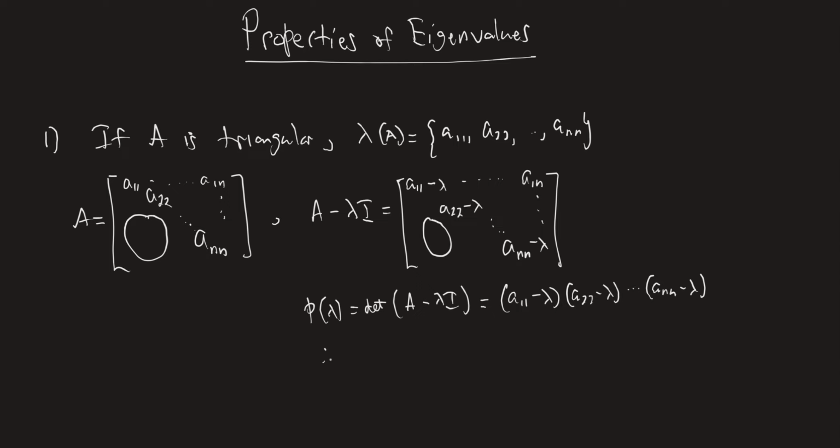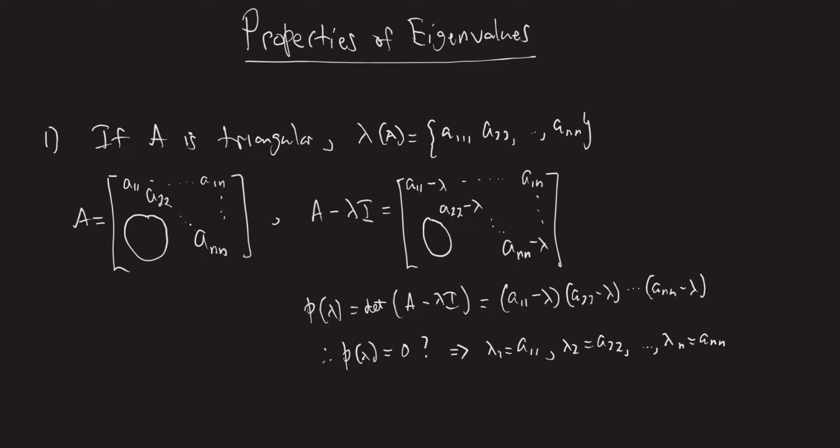Therefore, what values of lambda are going to make this polynomial equal to 0? Well, it's each of the lambdas that would make each factor equal to 0. So you'll get that lambda 1 is A11, lambda 2 is A22, dot, dot, dot, lambda n is your ANN.